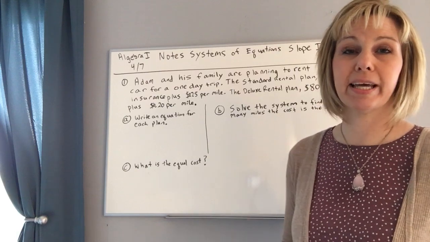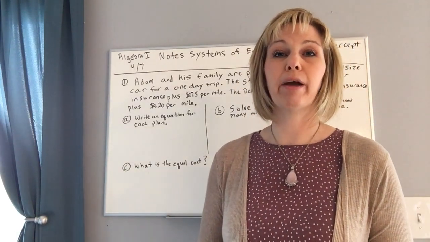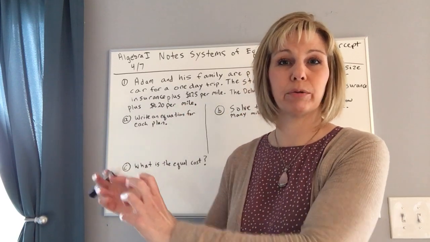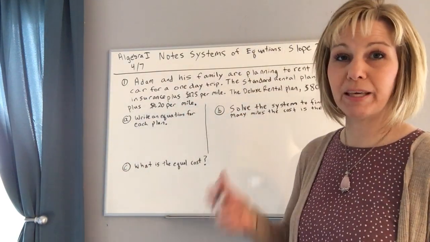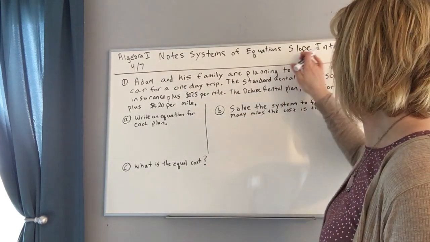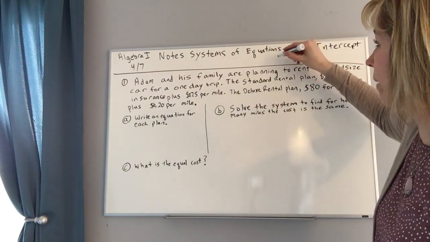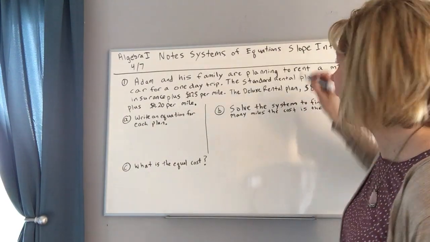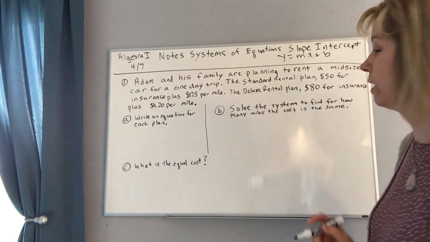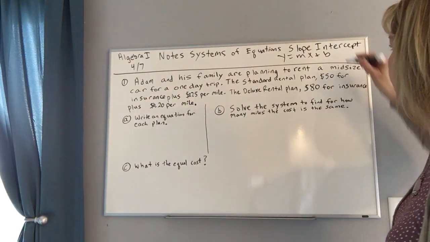What we did with word problems already, we created them in standard form, where we had the x plus the y equal to something. The problems we're looking at today, and then a lot more next week, are all in slope-intercept form. Remember, slope-intercept form is y equals mx plus b.